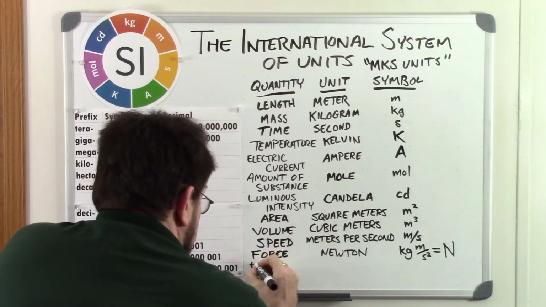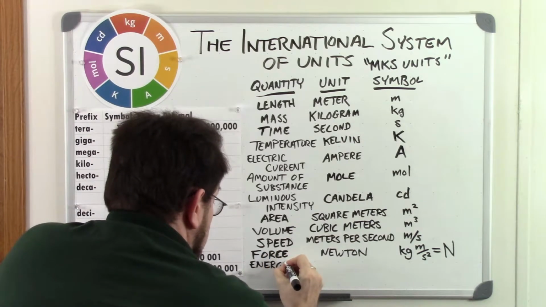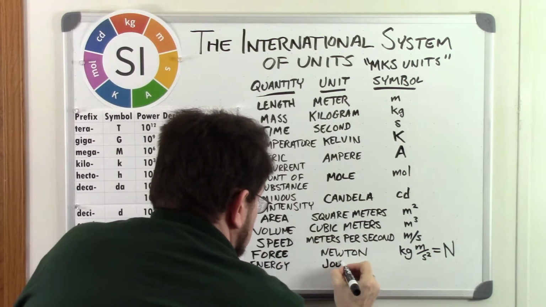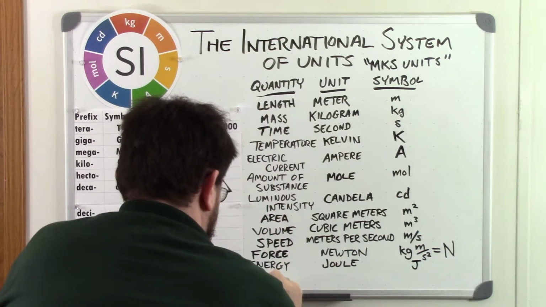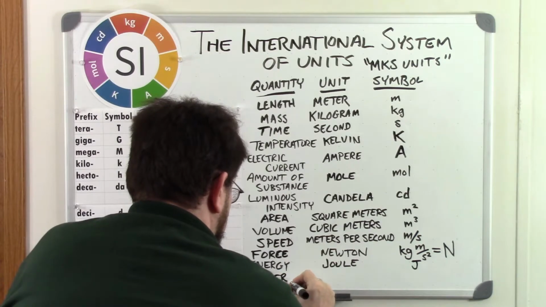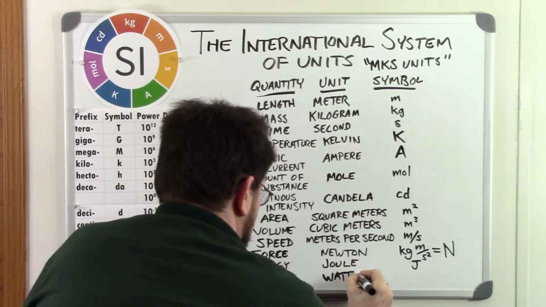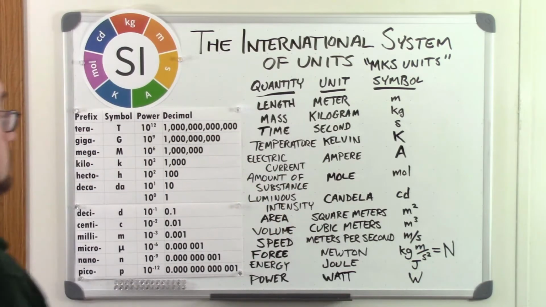This becomes important when we measure things like energy and power, which require even more base units to write out in full. Instead, we can use the SI derived unit, the joule, to measure energy, and the SI derived unit, the watt, to measure power. So let's try some examples.